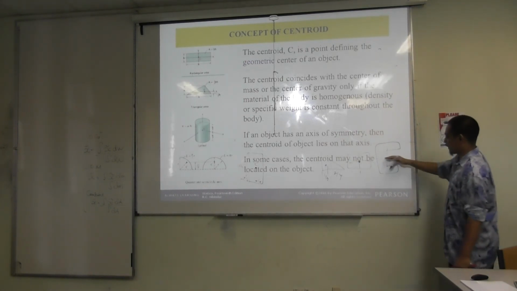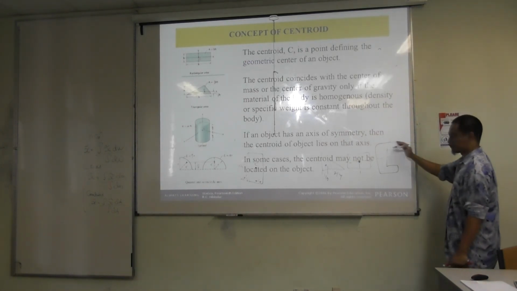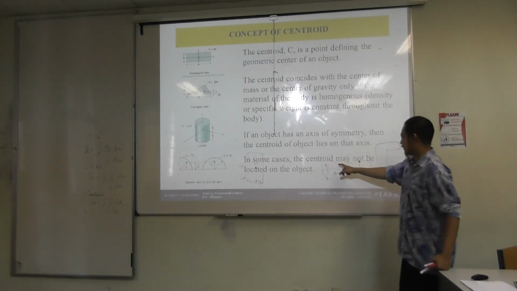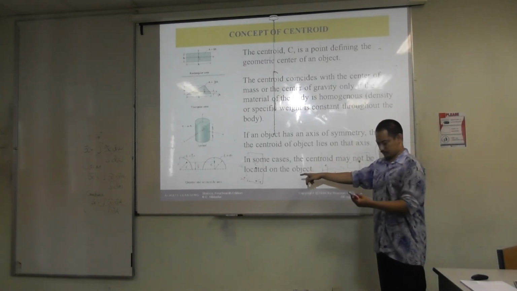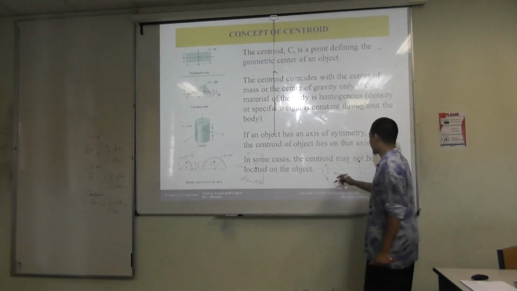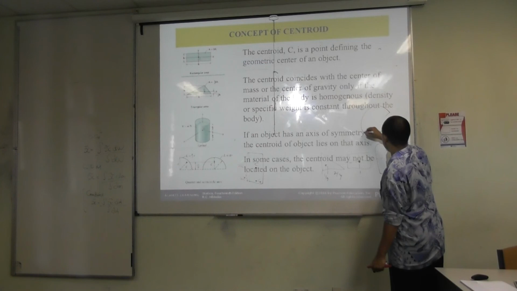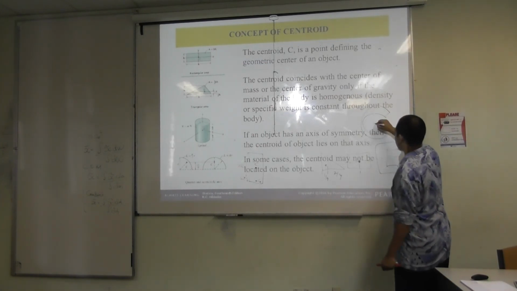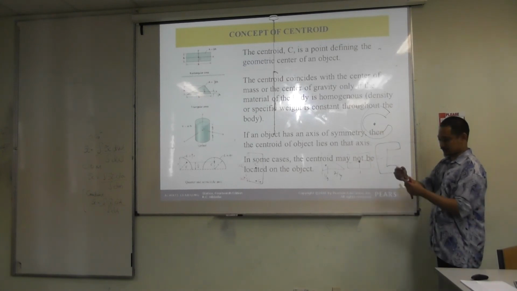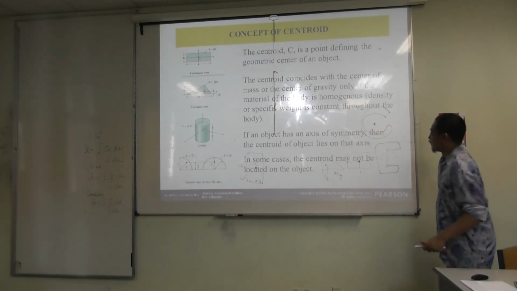So C is on this line, but whether it's here or here, you have to measure, right? And here it says, in some cases, the centroid may not be on the object. For example, if your object is like this, let's say, the center of gravity is here, meaning it's not actually on the object. So that's also possible.